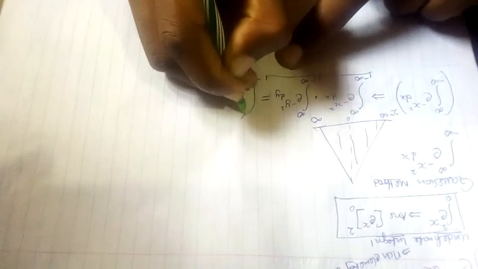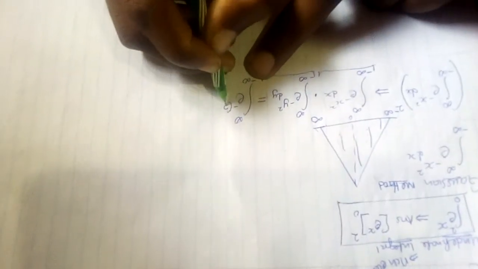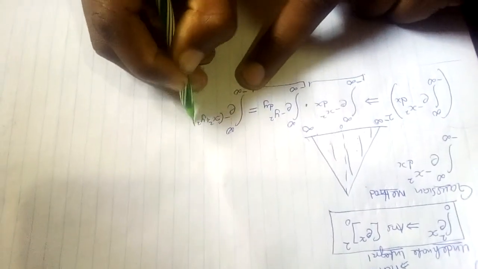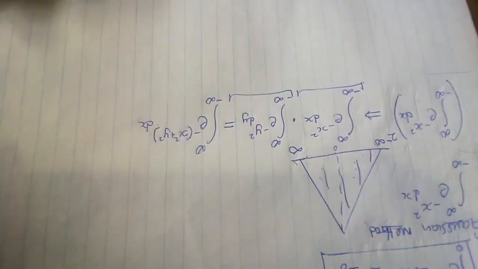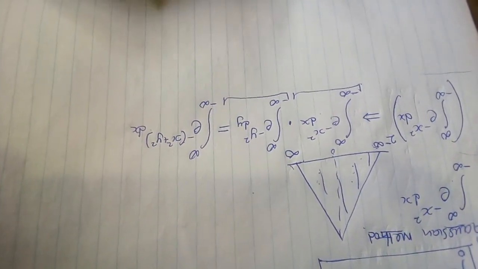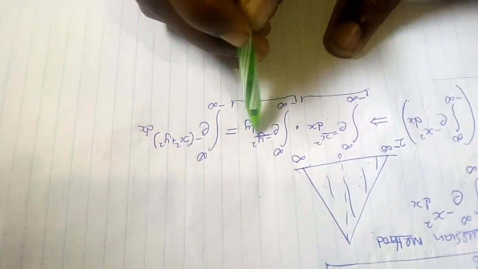By bringing these together, we are going to get the integral from negative infinity to infinity of exponential of negative x squared plus y squared, dx. Now this one is negative x squared and this is negative y squared.